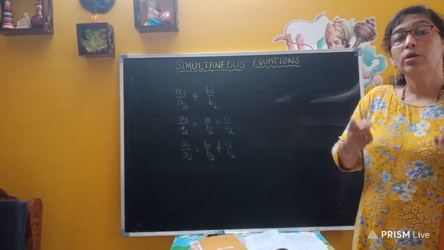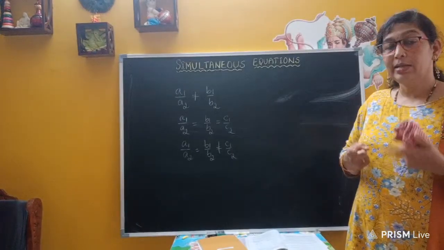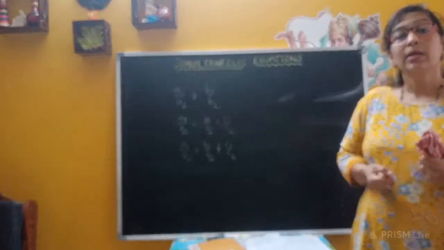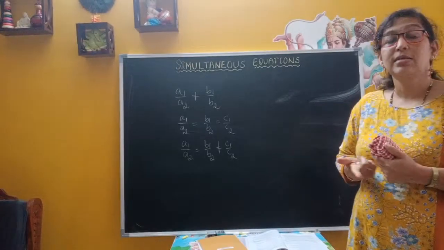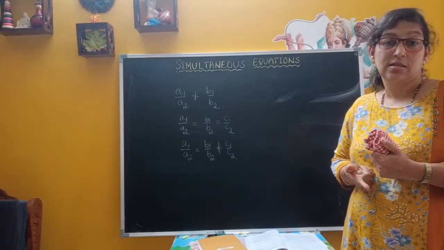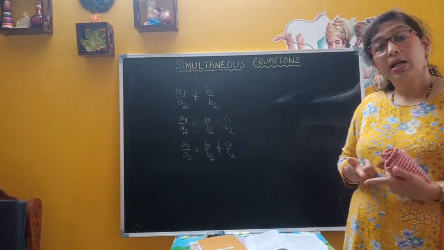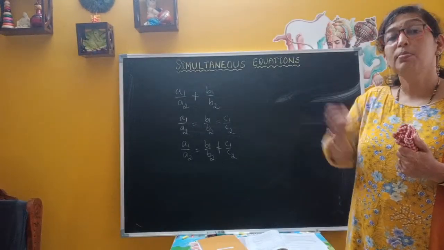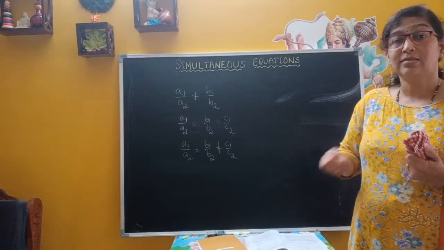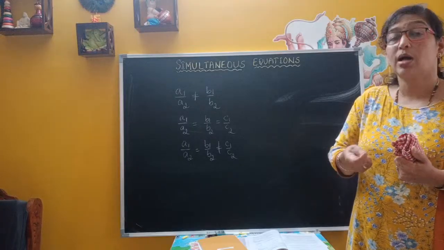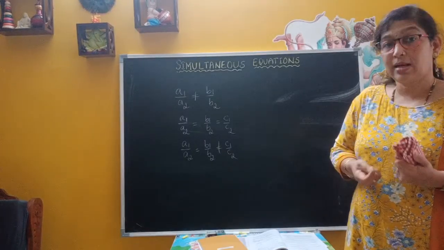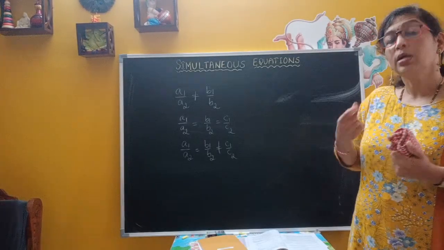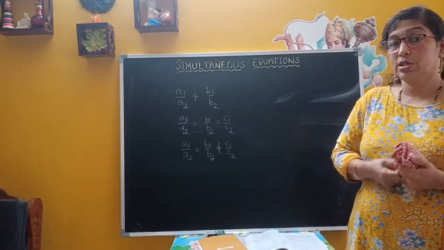In this we draw the graphs of the given pair of lines and find whether they are intersecting or parallel. If they intersect, we get a unique solution at the point of intersection, where the pair of lines meet. That would be the solution of those two equations.